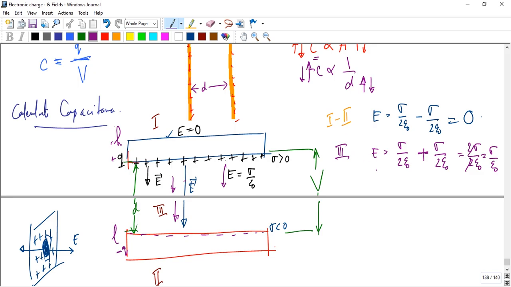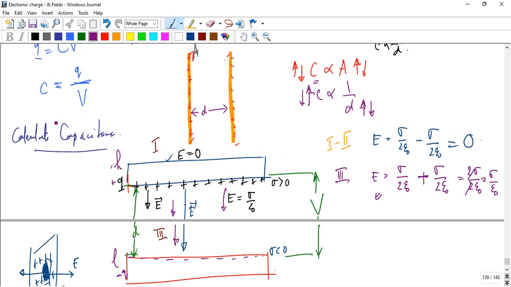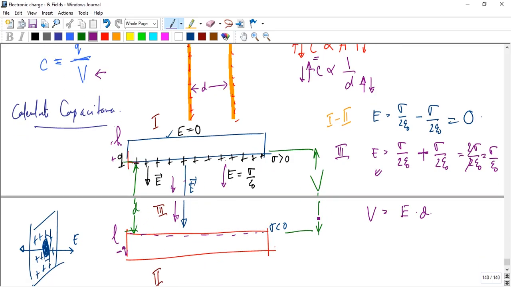So we get the value of E, and if we want to calculate capacitance, we first calculate the electric field, then use the value of the electric field to find V. So V equals E times the displacement D, the gap between these two plates. E equals sigma over epsilon naught, so V equals sigma over epsilon naught times D. Now what is the value of charge Q in sigma?